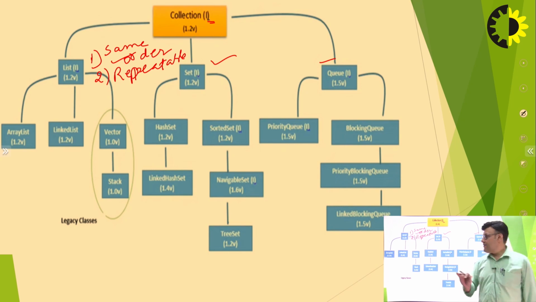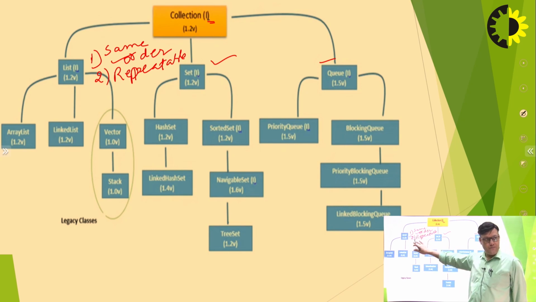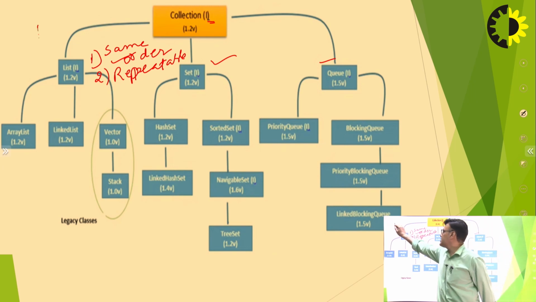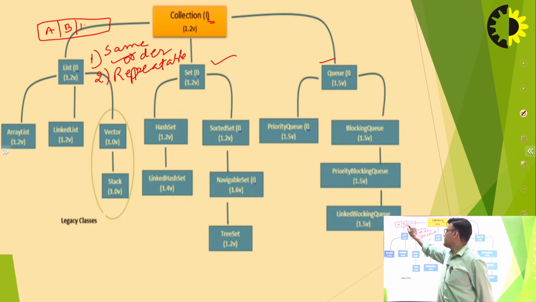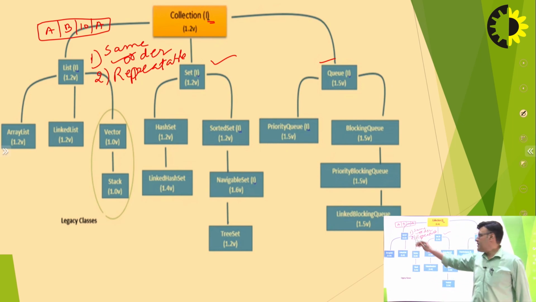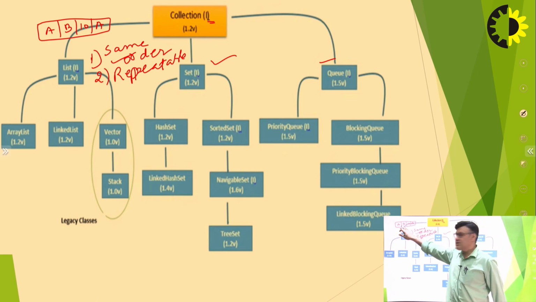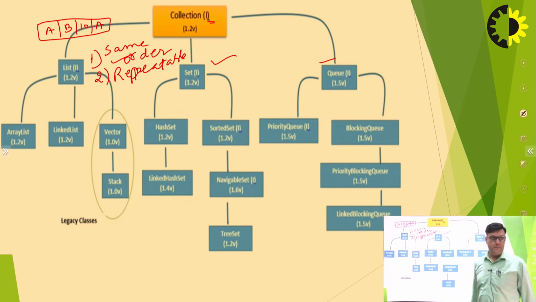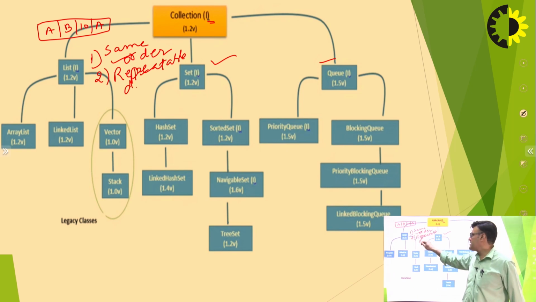For example, in a given list there is a first element, for example A, second is B, third is, for example, 10, and again A is there. So this duplicacy is allowed. The same elements can repeat again. Repeatable means duplicate elements can take place.